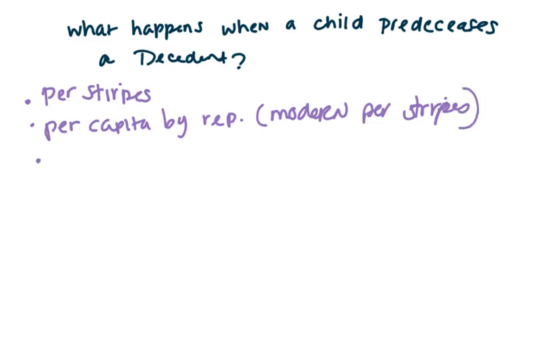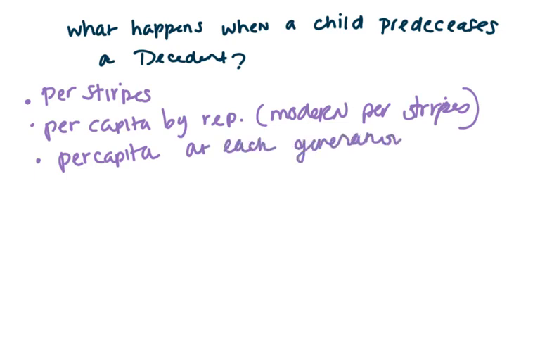And the third is per capita at each generation. Let's do some examples.